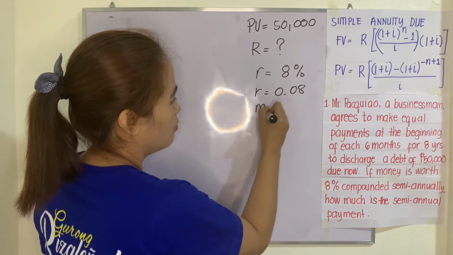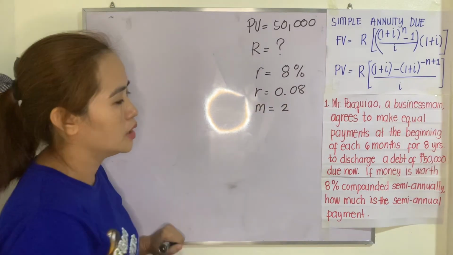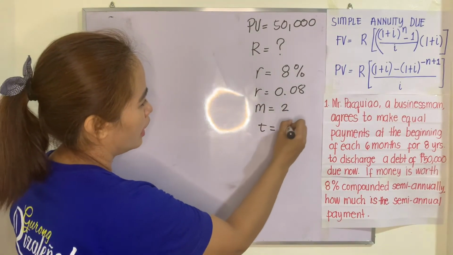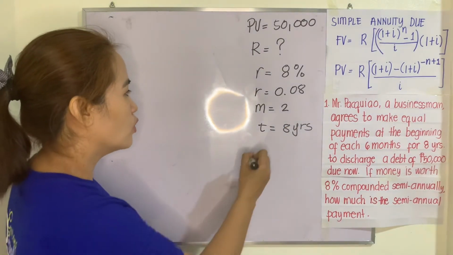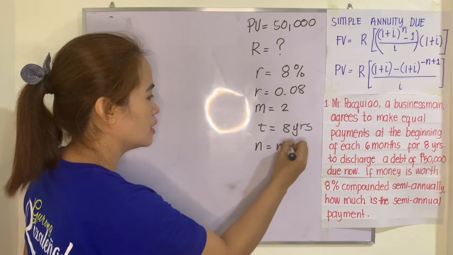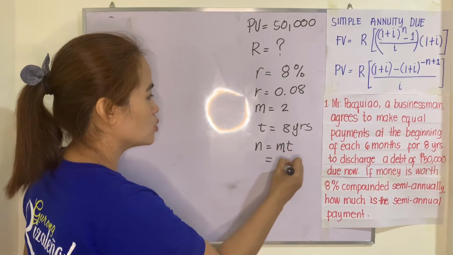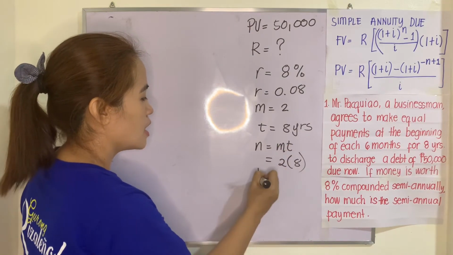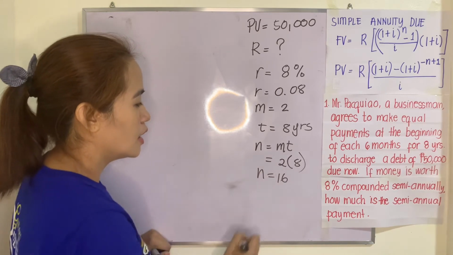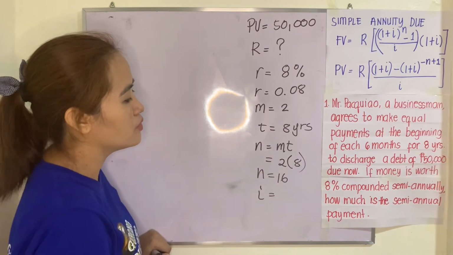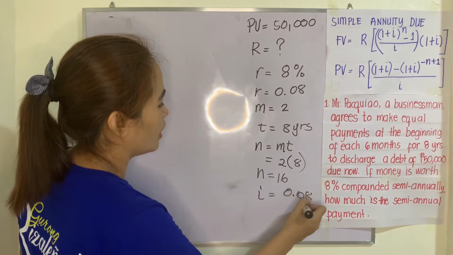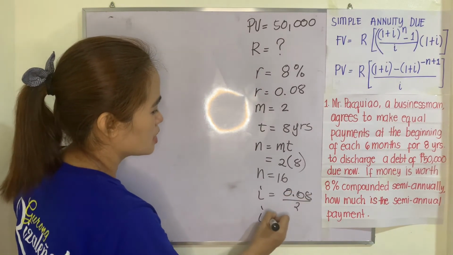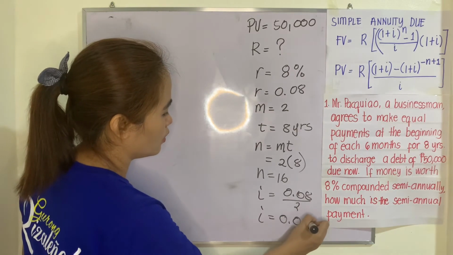We have the M. The M is 2, semi-annually. We have the T. We have 8 years. We can now solve for the N. That is MT. So we have 2 times 8. N is equal to 16. And then I is equivalent to 0.08 divided by 2. So I is equivalent to 0.04.